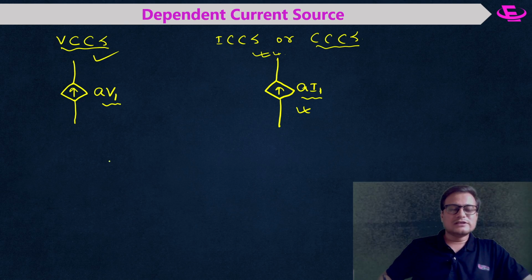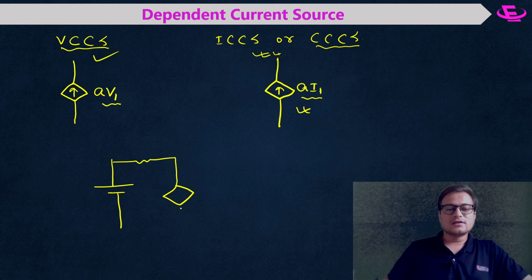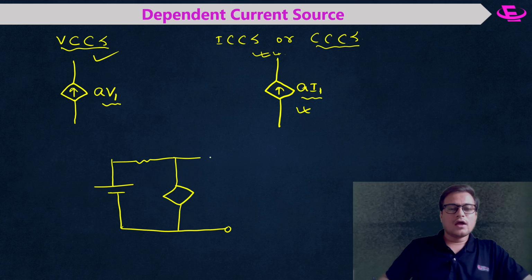Now again you will ask me to explain these sources in detail. In detail it will be explained later, but right now I can tell you one thing: suppose we have the battery like this, we have this resistance, and we have a source like this, and here again we are connecting a resistance.